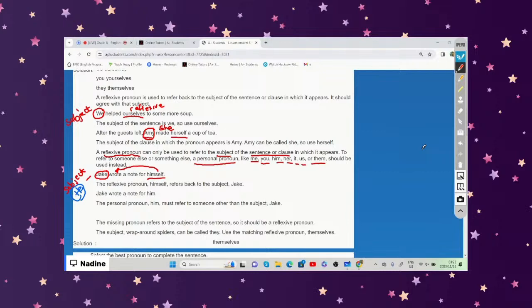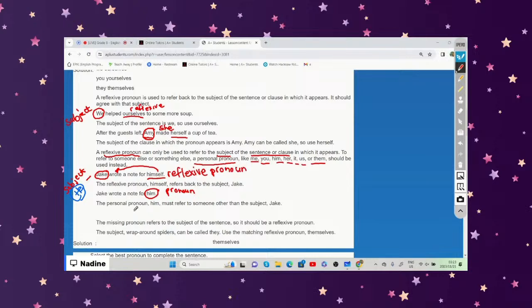And Jake wrote a note for him. So if we say Jake wrote a note for him, then him over here is a personal pronoun, because himself is the reflexive pronoun.